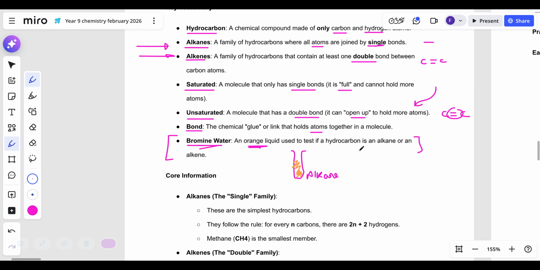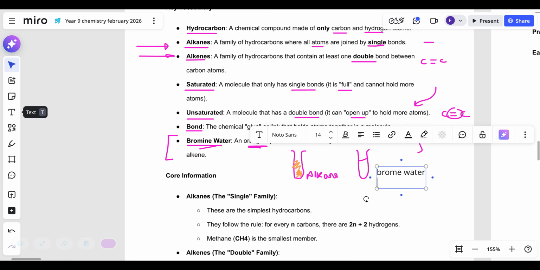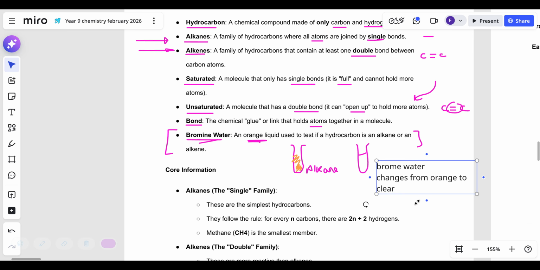If it's an alkene, it will become clear or colourless and the orange will disappear. So this is an alkene. Bromine water changes from orange to clear. It just changes colour and you go, oh, I've got an alkene.